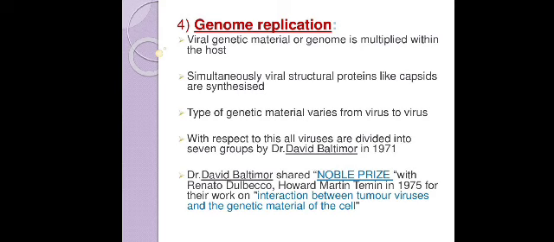Then it takes place in the host cell nucleus or cytoplasm. Here we can see which virus is assembled in the nucleus and which in the cytoplasm. The DNA virus is assembled in the nucleus and the RNA virus is assembled in the cytoplasm. Then after the assembly or packaging, there is the step of maturation. It takes place in either the host cell nucleus or cytoplasm membrane.